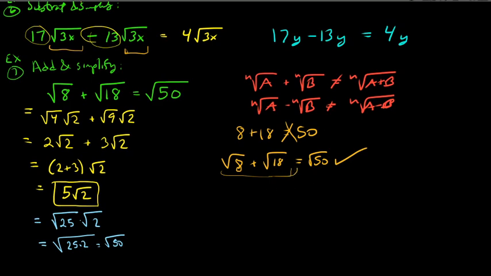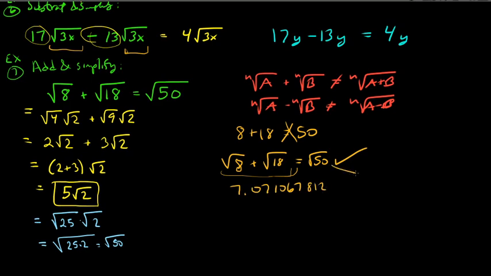Hang on a second. I got to do this on the calculator. So the square root of 8 plus the square root of 18. My calculator says that this is 7.071067 blah, blah, blah, 812, I think.